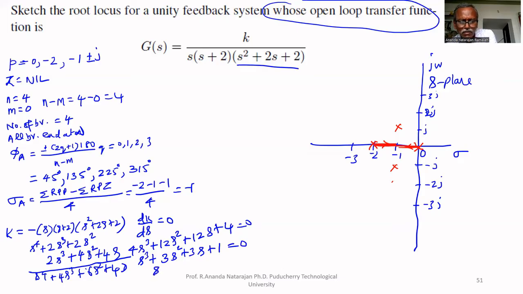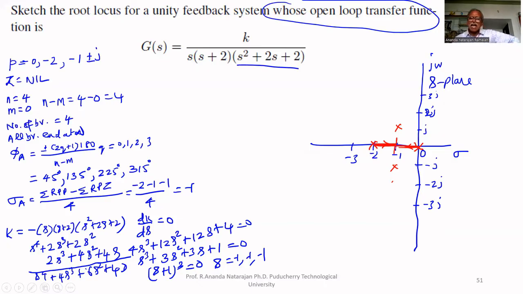This is obviously (s+1)^3 = 0. Therefore s = −1, −1, −1. So the breakaway point is −1. From −1 they are breaking away.